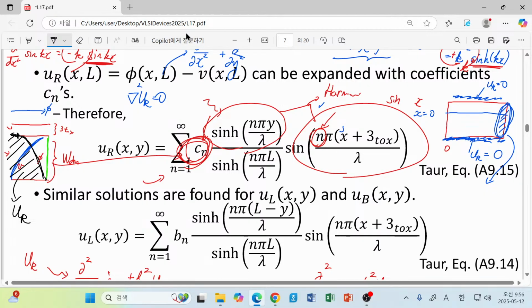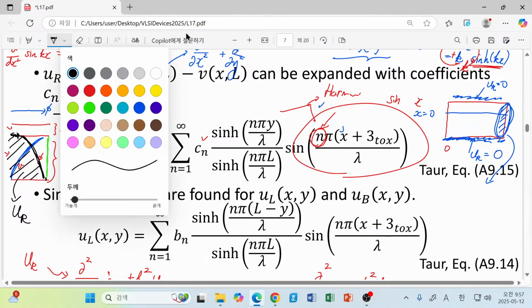This is the U sub R, and please try to guess what will be the most significant mode. I mean, if we consider just the lowest mode, n equal to 1, then how does it look? So let me just draw.